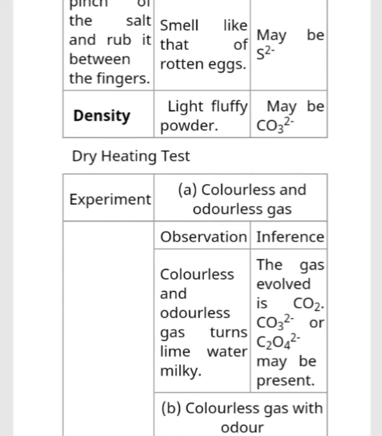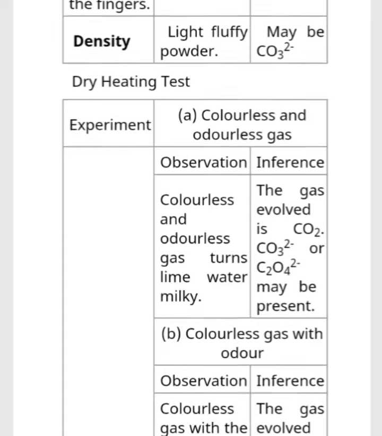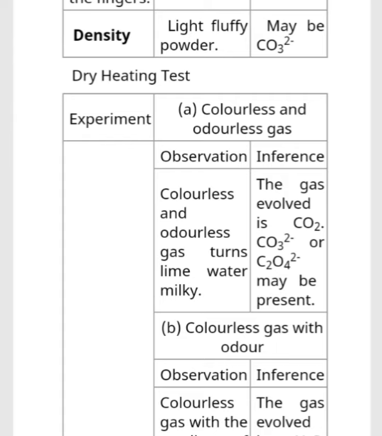And we have something that smells like rotten egg, maybe sulfur, too. Just what we see from that hydrogen sulfide means sulfur is there. Light fluid powder, you can see it, maybe CO3 ion.